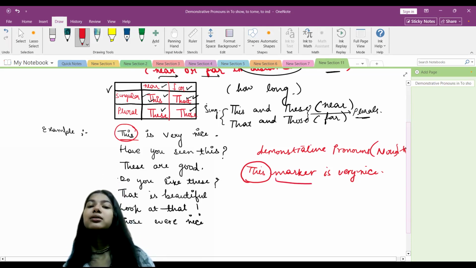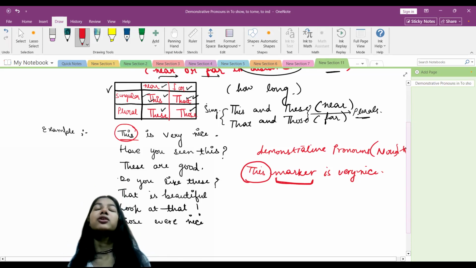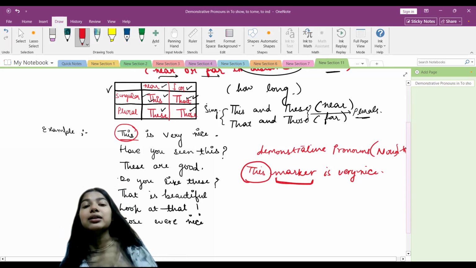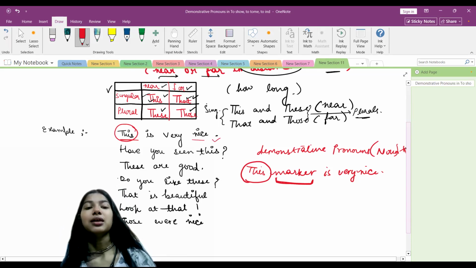Why? Because there is a noun after it and it is showing the quality of the marker. It is talking about the marker. Whenever we are talking about the demonstrative pronoun, it doesn't need any noun to get completed.